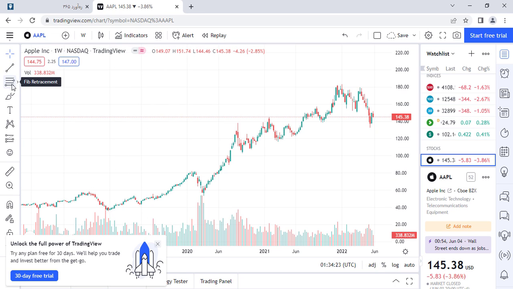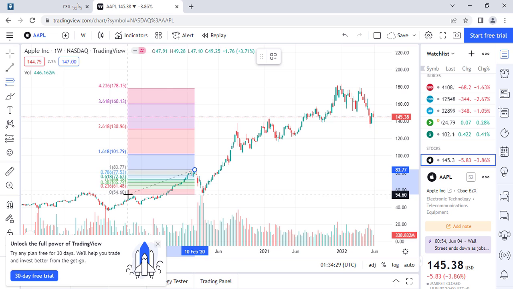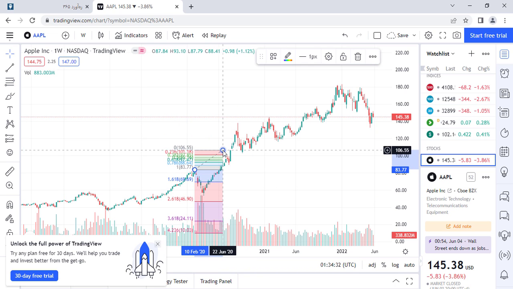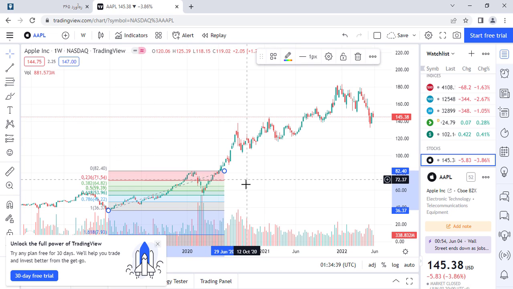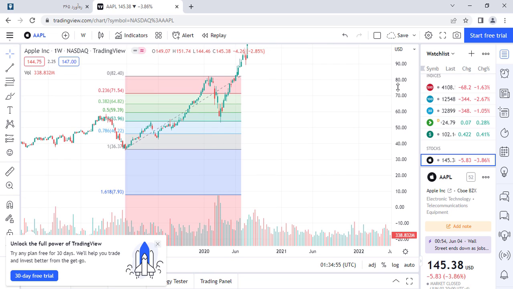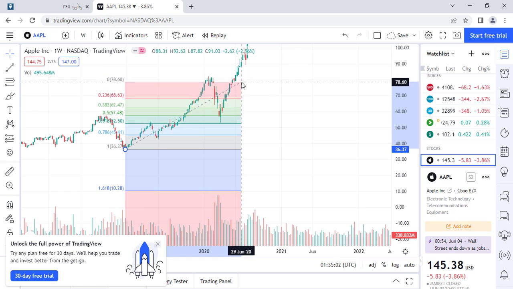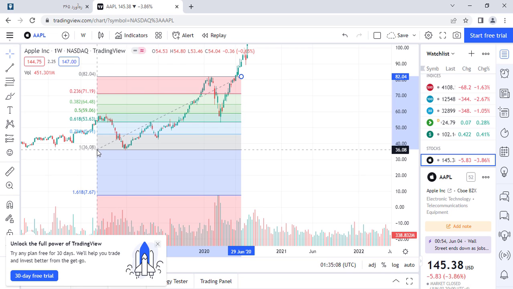Let me show you a Fibonacci right here. Here to here, you can see in this part price has increased, and in the decreasing part it has come to, I can't read it, 61% of the previous price movement.